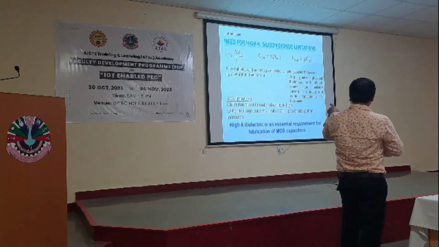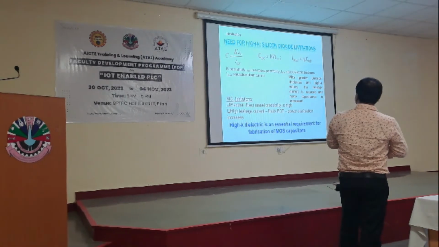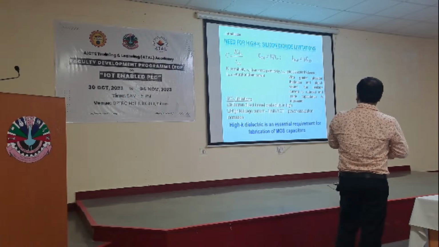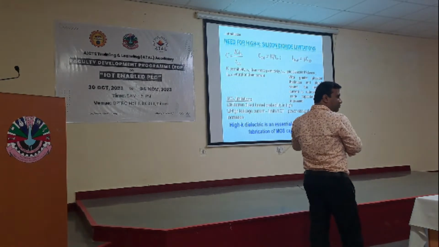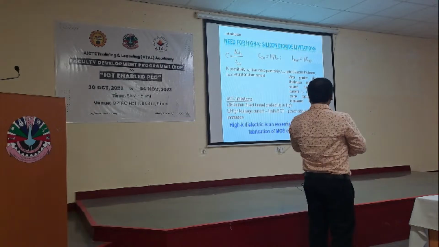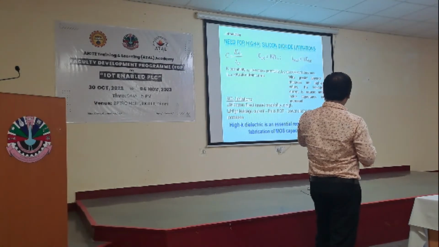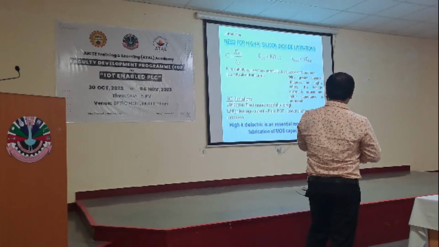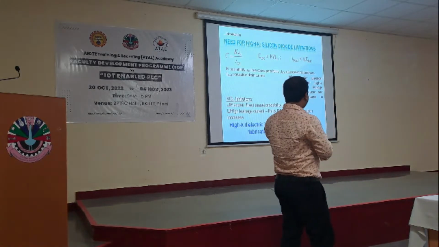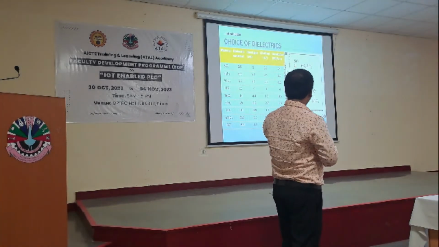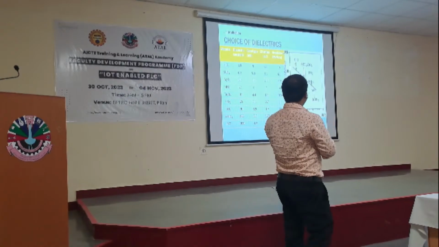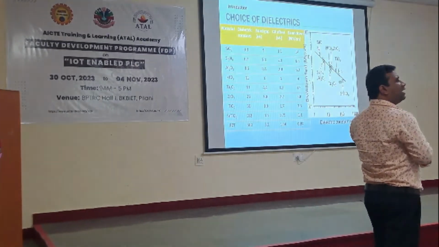That's why we are not using SiO2 in this case: very high leakage current density is there, and the device will break down to a certain extent. That's why use of a high K dielectric is an essential requirement for the fabrication of your MOS capacitor.